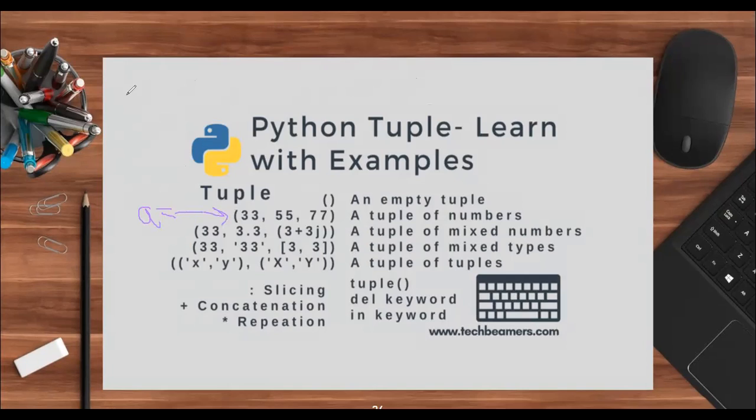I cannot write something like A in place of 1 equals to 22. This is not allowed. It would throw me an error. It will tell me tuples are immutable.